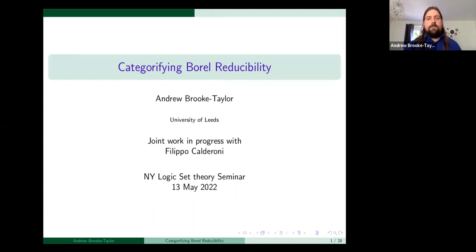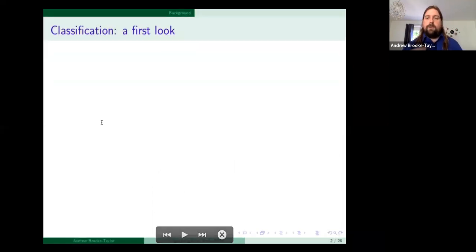I want to start by talking about Borel reducibility and what it's been really useful for. I want to take a broad brushstrokes look at classification problems.